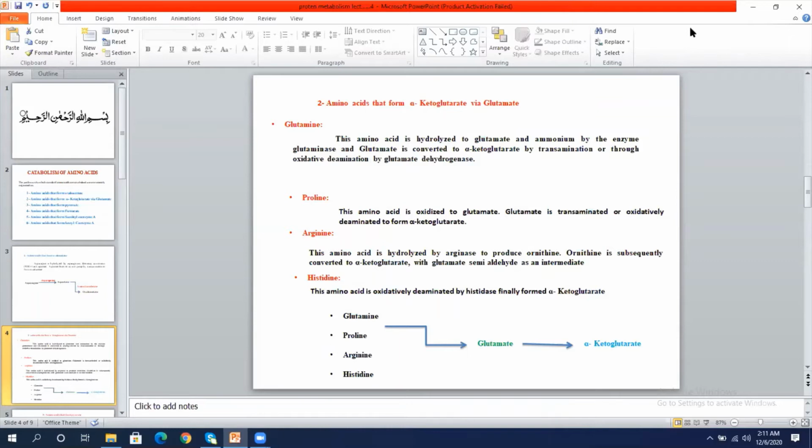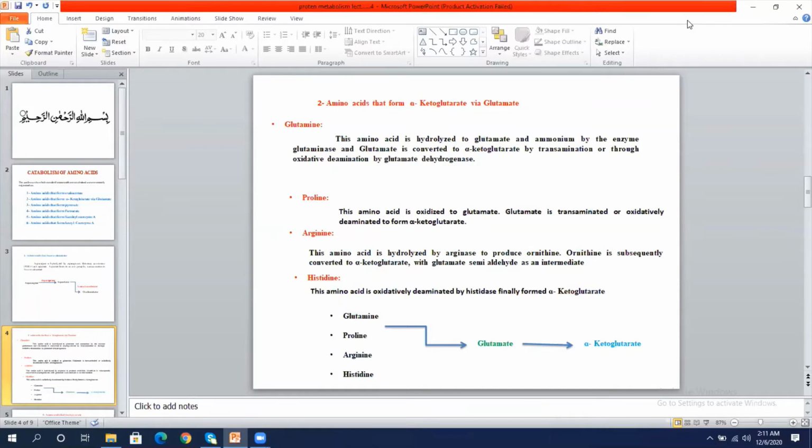Proline forms alpha ketoglutarate in such a way that the amino acid is oxidized to glutamate, and glutamate is transaminated or oxidatively deaminated to form alpha ketoglutarate. Arginine is hydrolyzed by arginase to produce ornithine. Ornithine is subsequently converted to alpha ketoglutarate with glutamate semialdehyde as an intermediate.